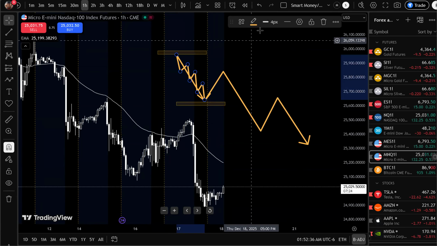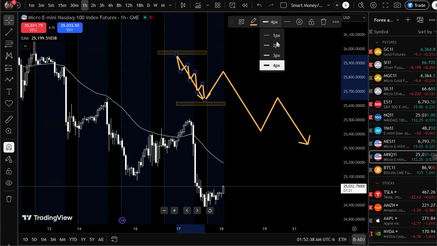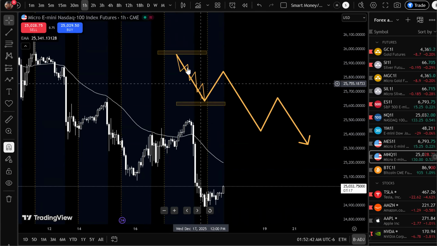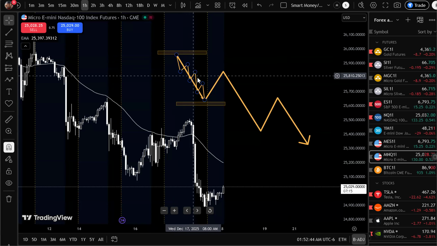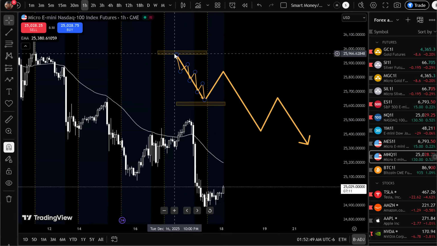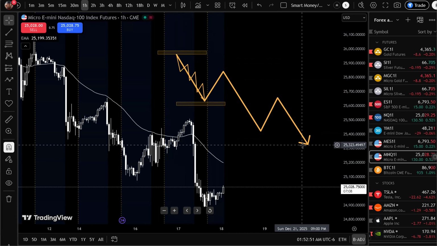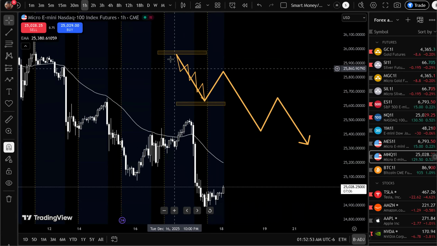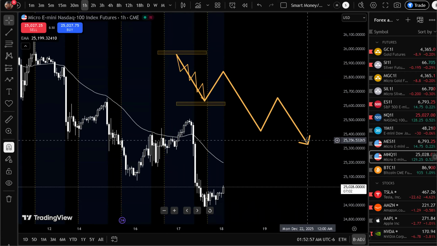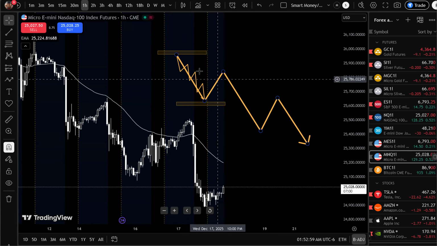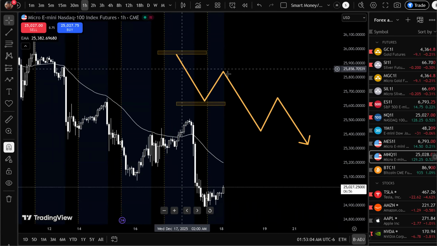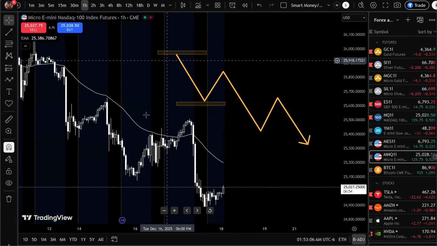Let me make this a little smaller for you guys, just so you can differentiate. In each range, there's a smaller range. Just like this part, from here to here, this would be one leg. This would be a range. This whole thing would be a range in a bigger range. But whatever is your higher time frame, that's going to be the ranges that you use.